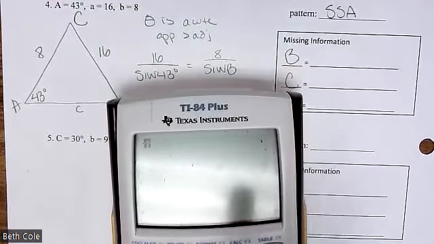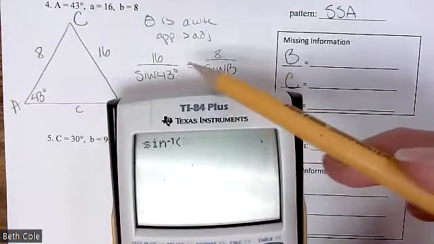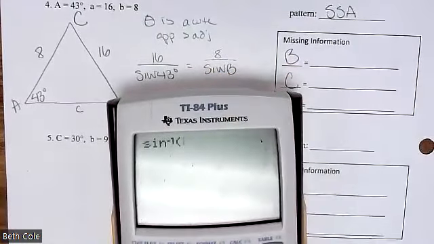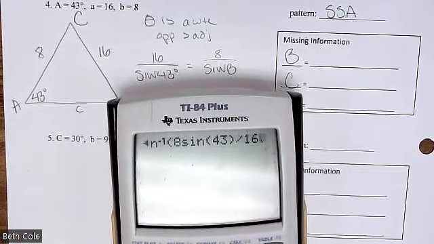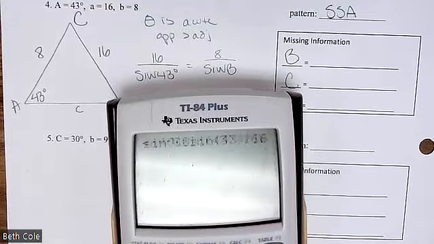Right, good. Second sine, and then you cross multiply. So it's 8 sine of 43, close parenthesis, and then what? Divide by 16. Enter. That'll be your answer.